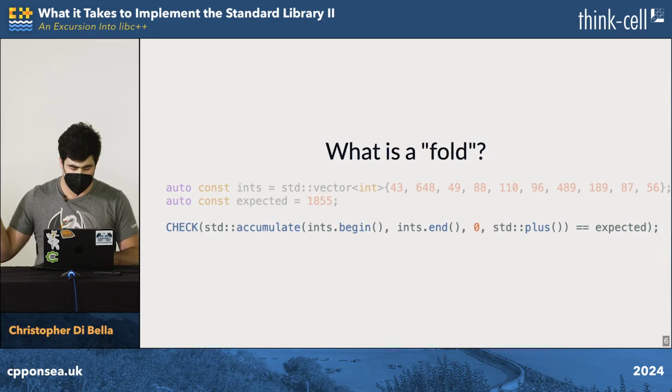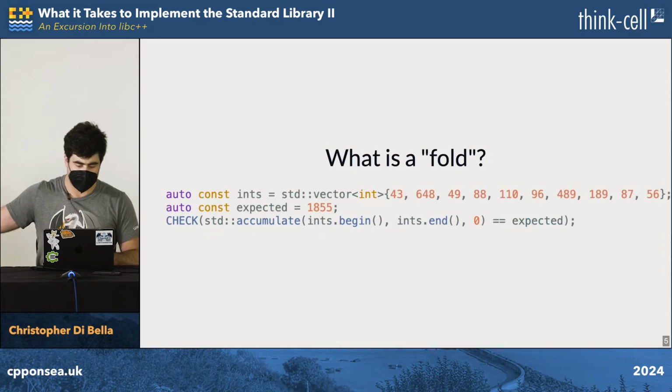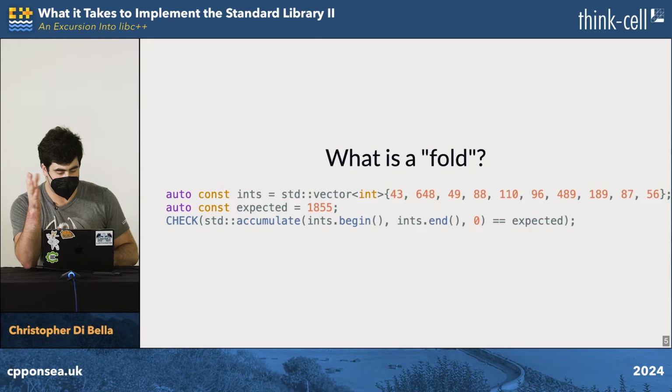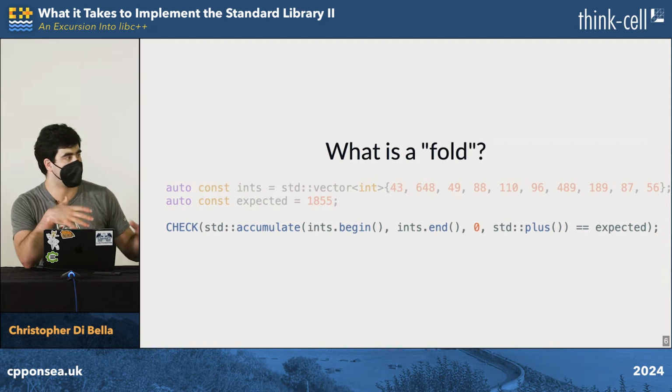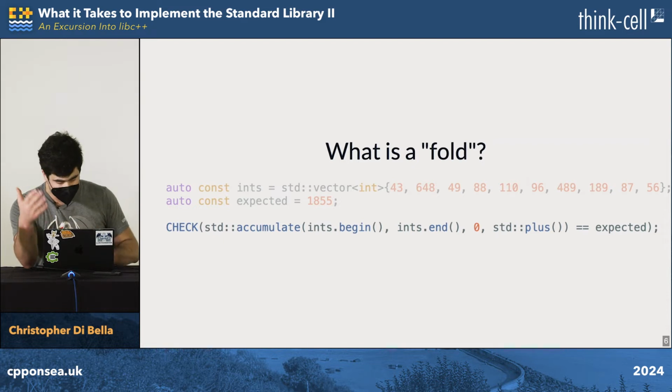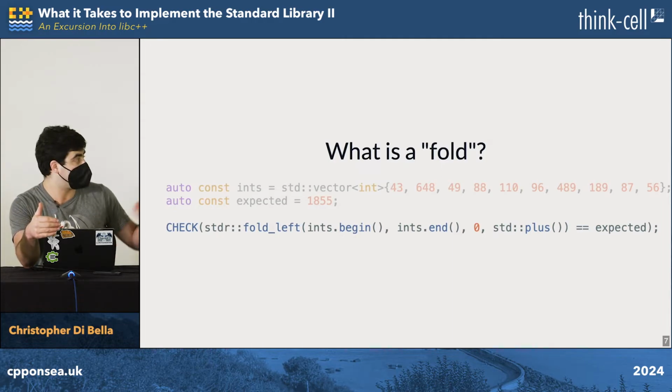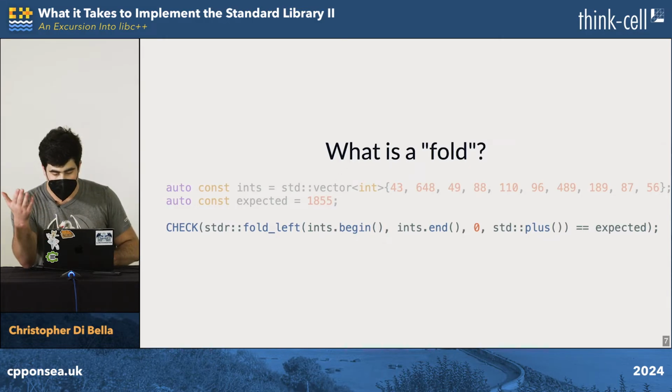So a key thing to note here is that std::accumulate takes a range and a value, and that is the same as also passing in the plus operation by default. We can then turn this into fold_left with ranges. I use the namespace alias std_r to refer to std::ranges, because that is a very long namespace, and it will produce the exact same result.